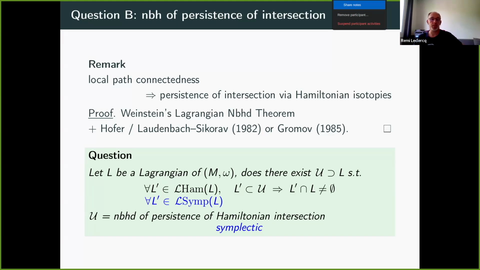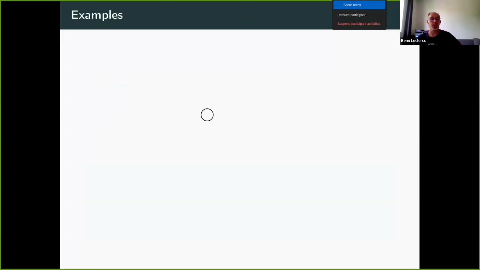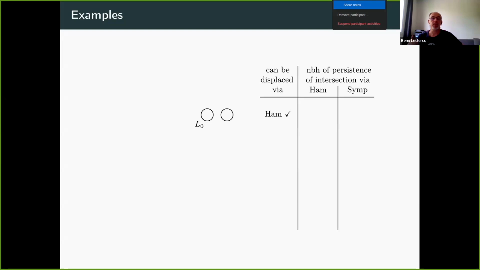So here is the question. Let me give you some example which should show that the situation might be a bit subtle. It should become more subtle in a few seconds. So it's S1 in C, right? And we all know that by looking at the projection on one axis, eventually we are going to displace L0 from itself by Hamiltonian diffeomorphism, right?